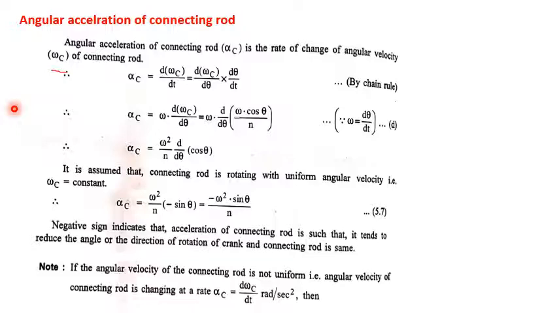The next one is, if the angular velocity of connecting rod is non-uniform, it is not rotating with uniform speed. So it is not a constant. Omega c is not a constant. Therefore, we have to differentiate with respect to time. Let us consider the equation again, that is omega into d theta into omega, this is the omega c value, omega into cos theta by n.